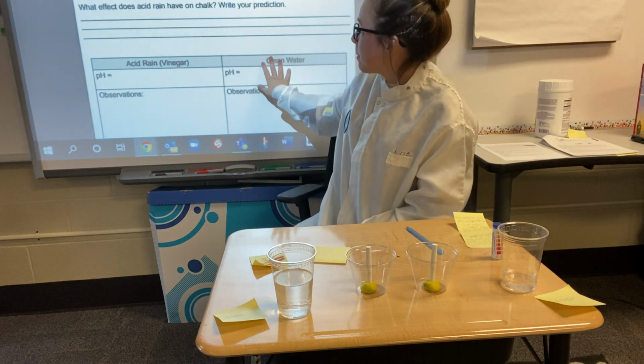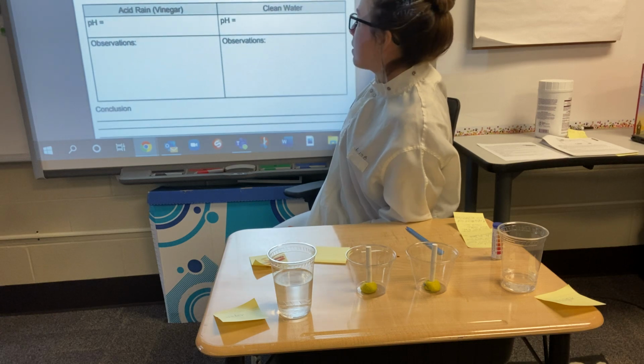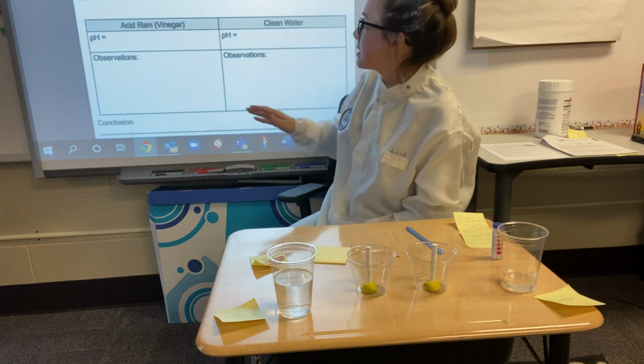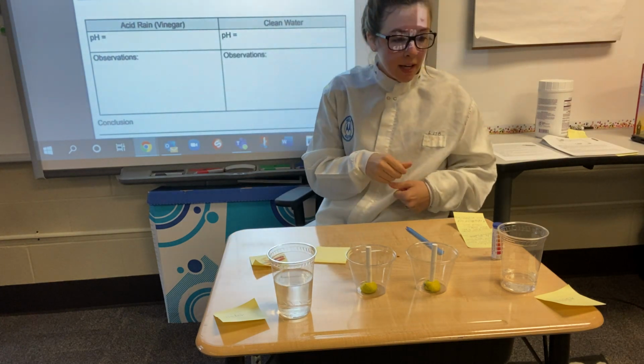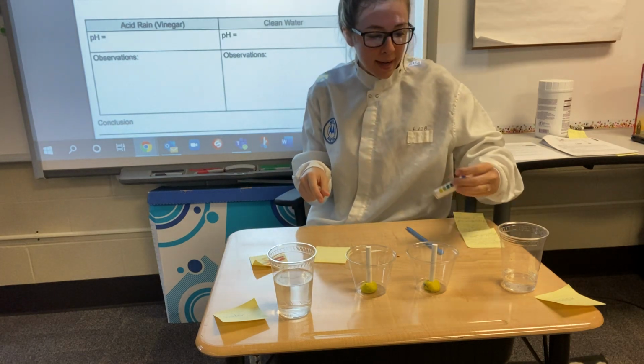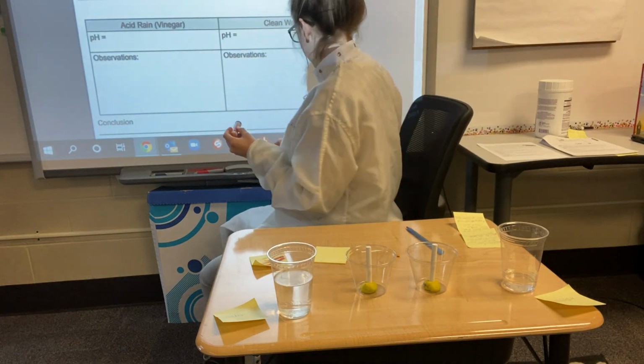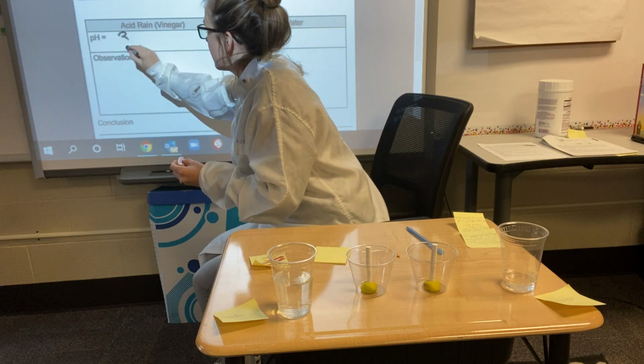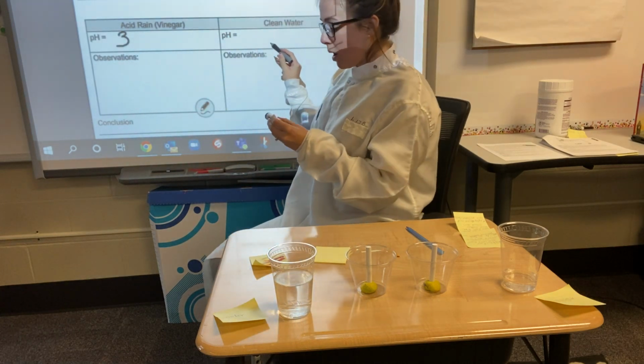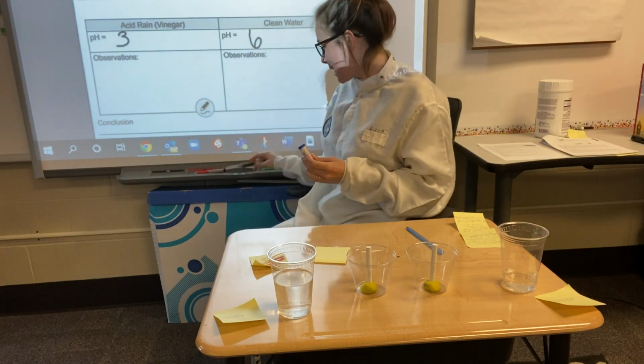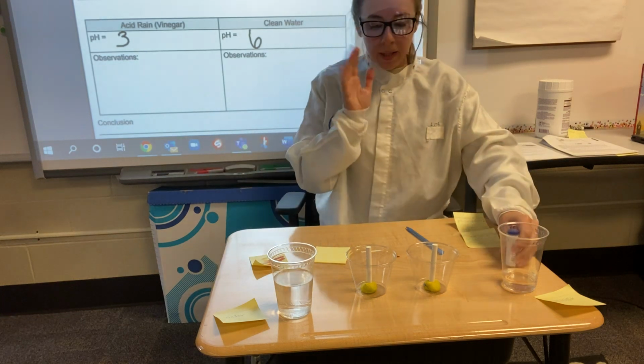Okay, so then if I'm looking at my little chart right here, I'm going to leave it so you guys can see it. Our acid rain vinegar had an acidity level of about 3. And then over here, our clean water had an acidity of about 6, which is pretty neutral, right in the middle.